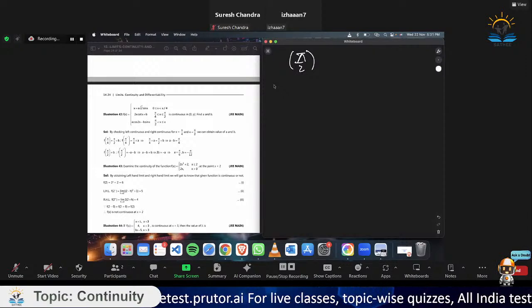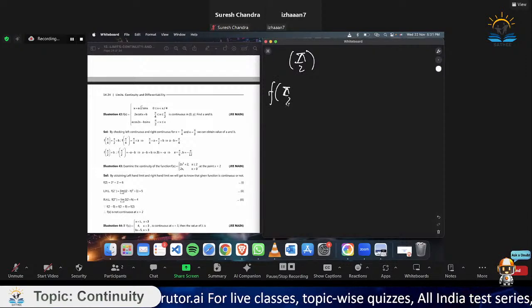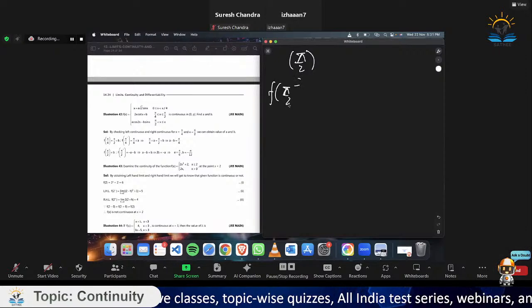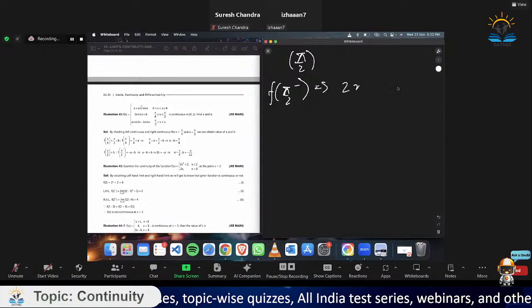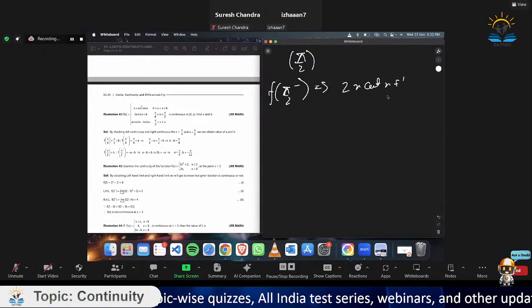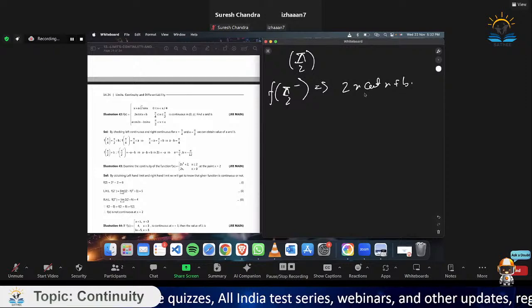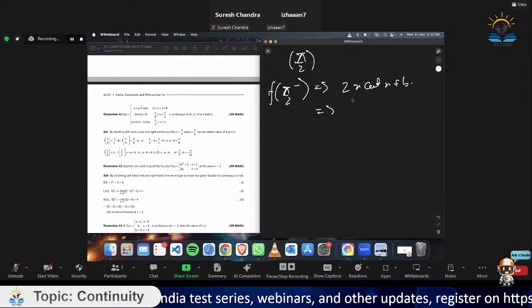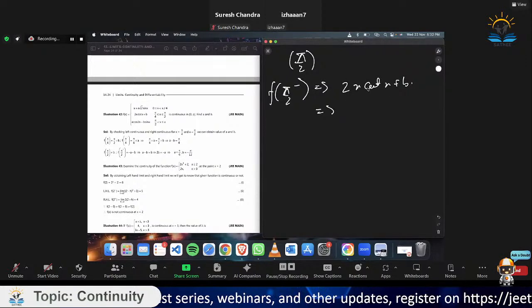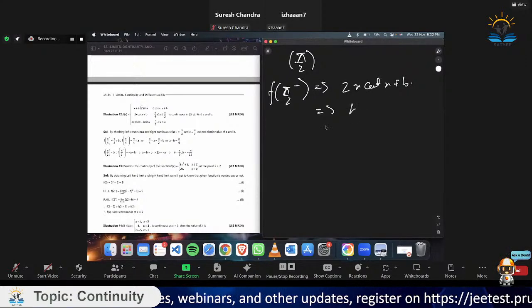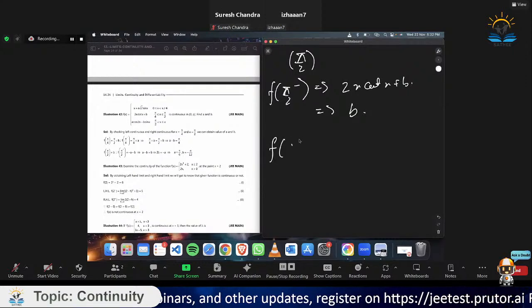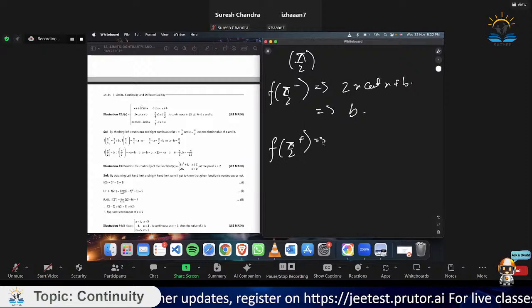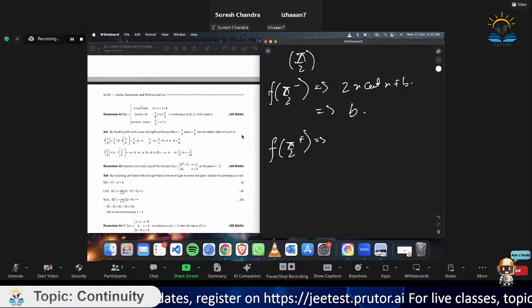Which one should I use? This one or this one? Absolutely this one, right? 2x cot x plus b. So if I put the value for pi by 2 in here, I'll be left with b. And for f(pi by 2) from the right hand side, I'll choose this one, a cos x minus b sin x.